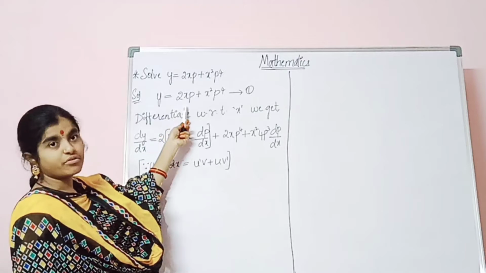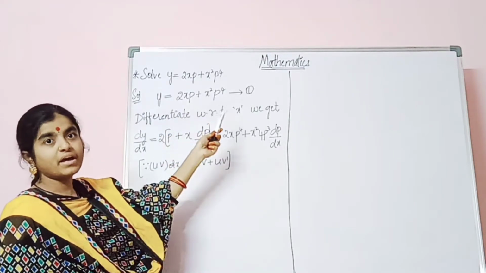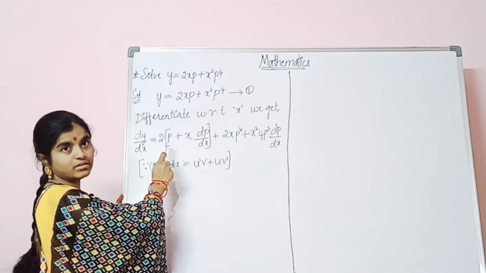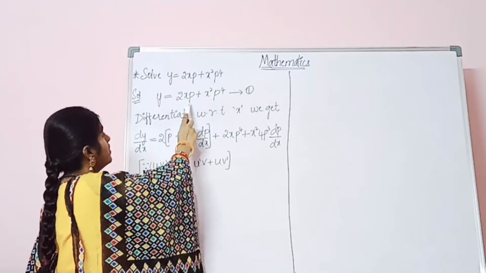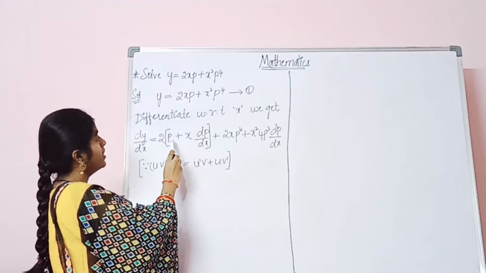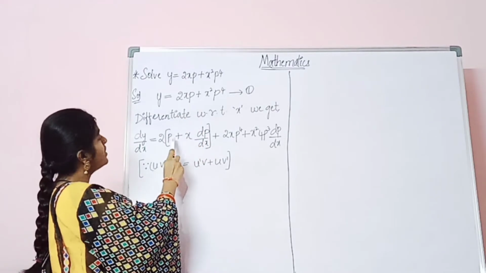As 2 is a constant, we take 2 outside. Now for xp we apply the uv formula: 2 into differentiation of x, which is 1, into p, gives p.